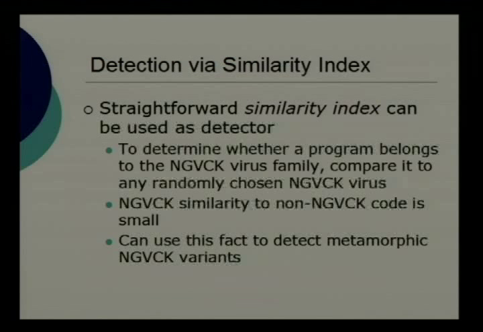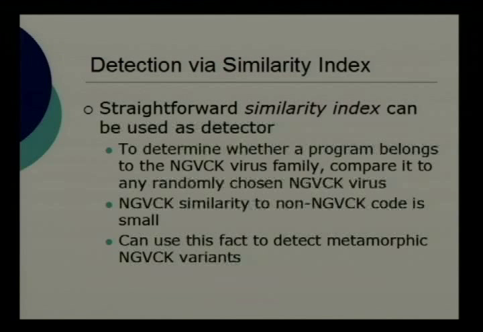If all these similarities among the family are lower than the similarity we just obtained between program A and that virus, we can say that this program is most likely a virus.